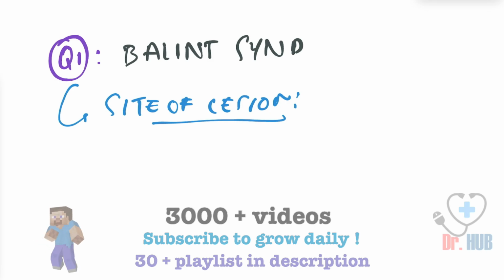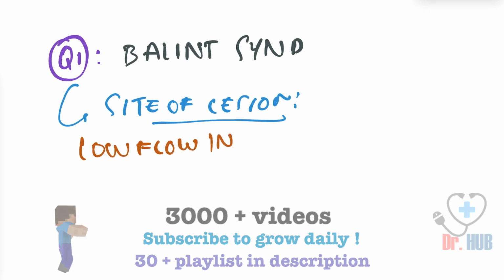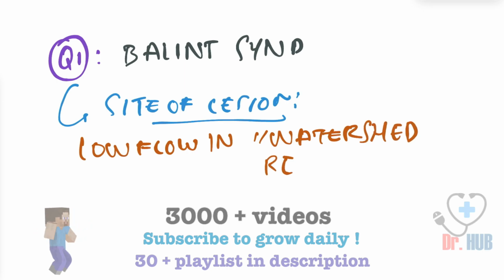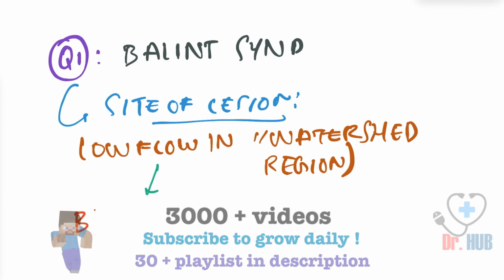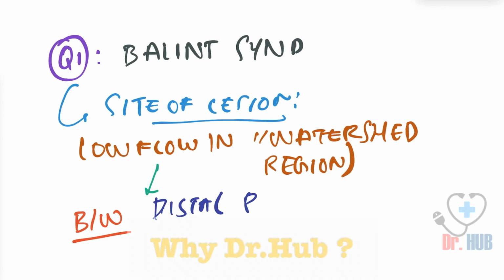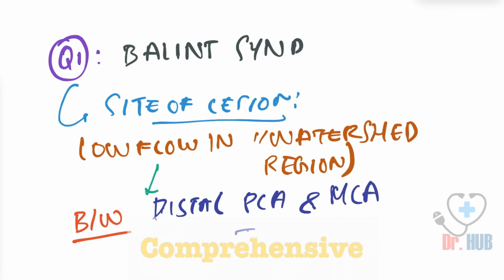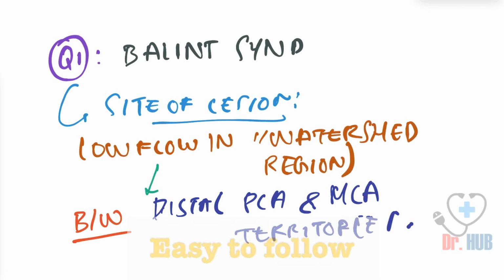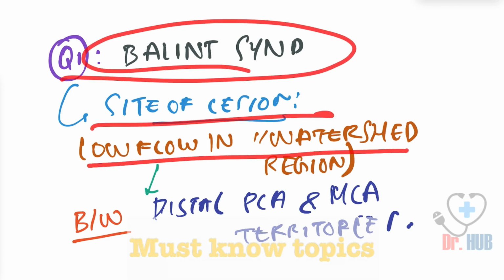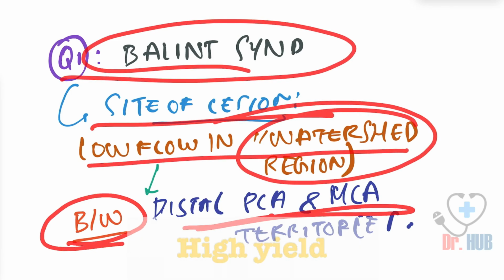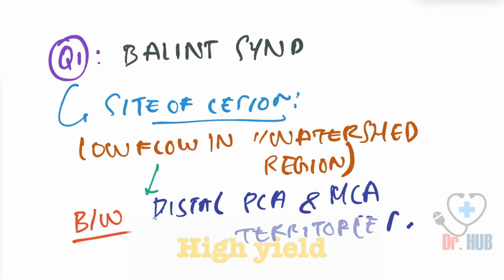The site of lesion is low flow in the watershed region, and it lies between the distal PCA and the MCA territories. Just to recap, we saw the Balint syndrome. The site of lesion is low flow in the watershed region between the distal PCA and the MCA territories.